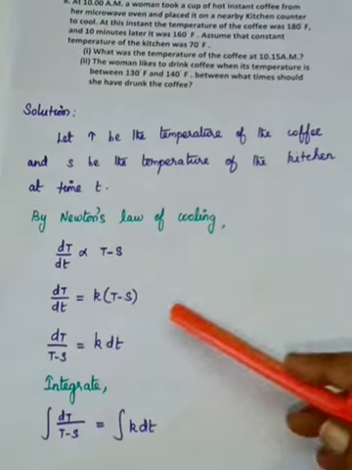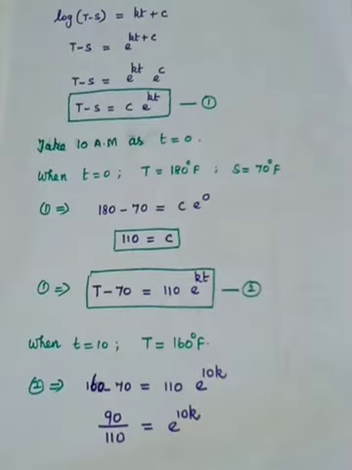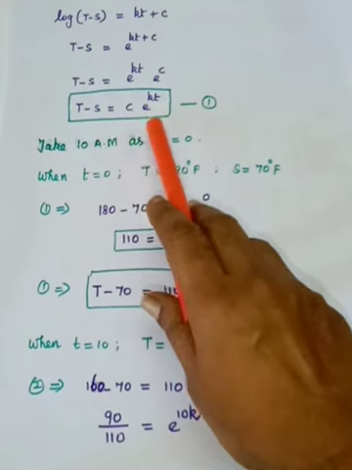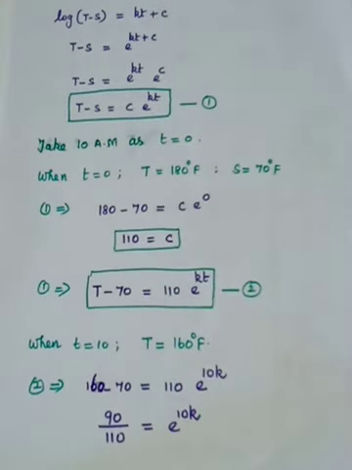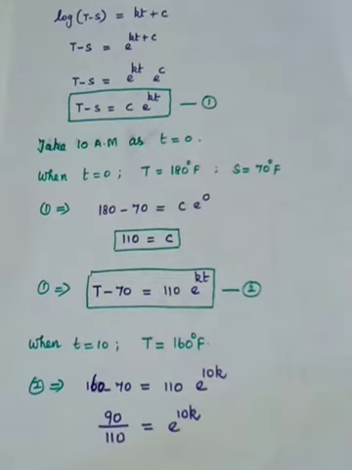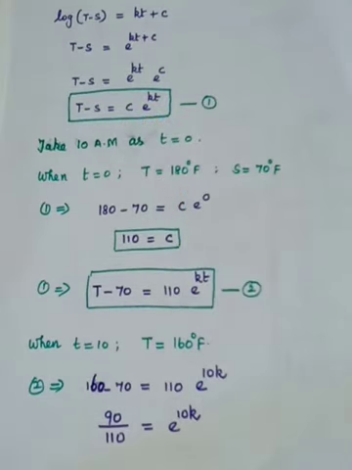You have to separate the variables, and if you integrate, you will get the relation T minus S is equal to C into e power kt. The previous problems I have explained, the same steps are followed. From the differential equation we solved it, and found the expression in terms of capital T and small t.